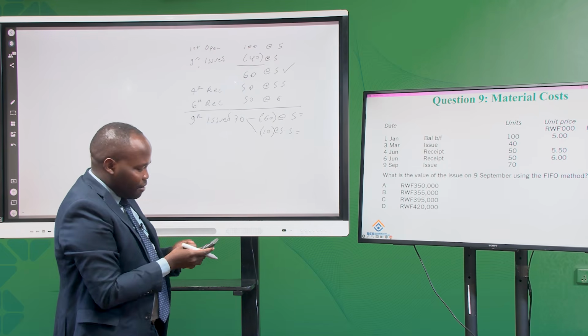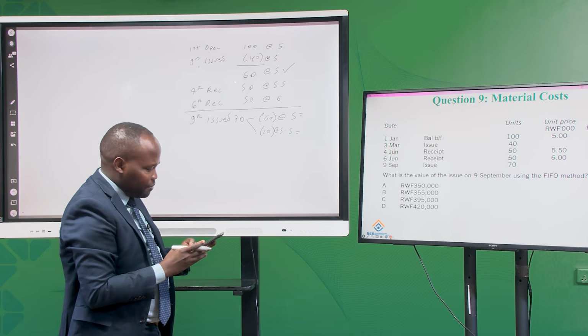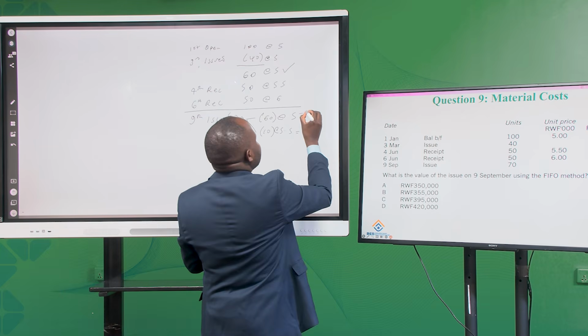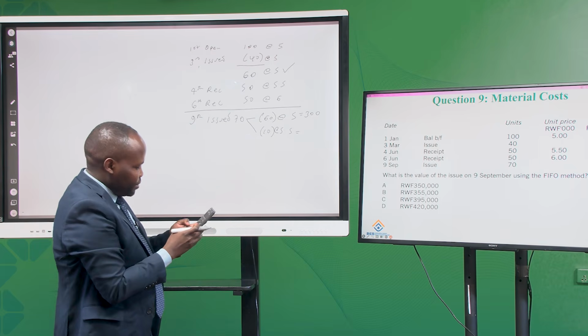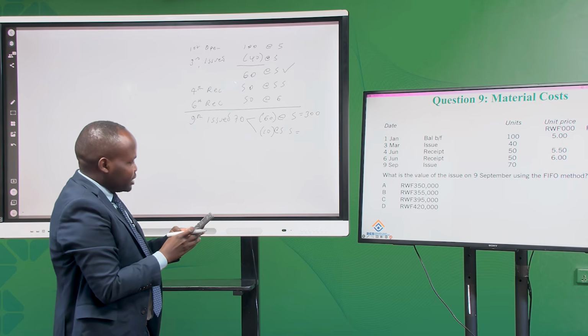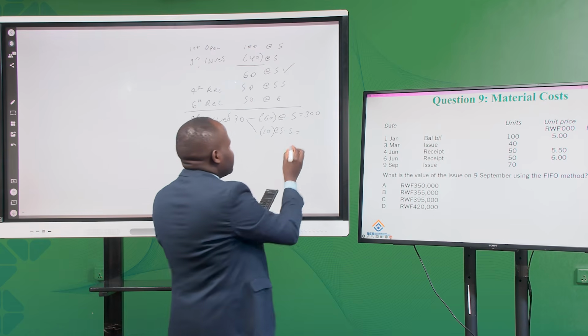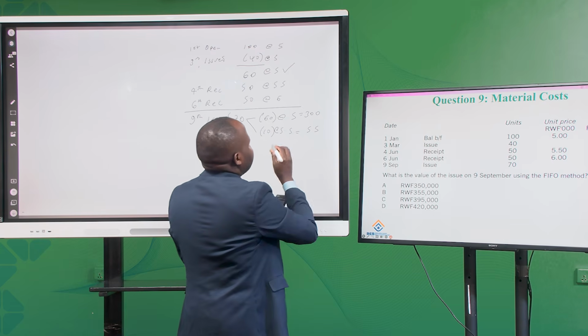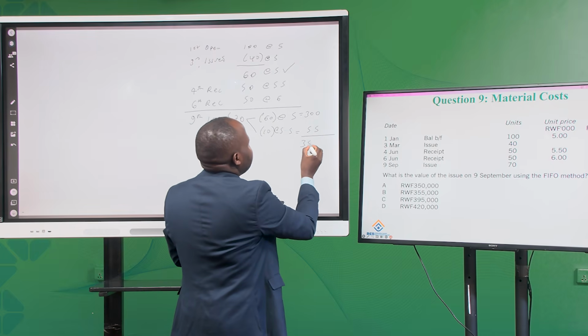So we have 60 times 5. That gives you 300. And we have 10 times 5.5. That gives us 55. So what is the total issues? 355.